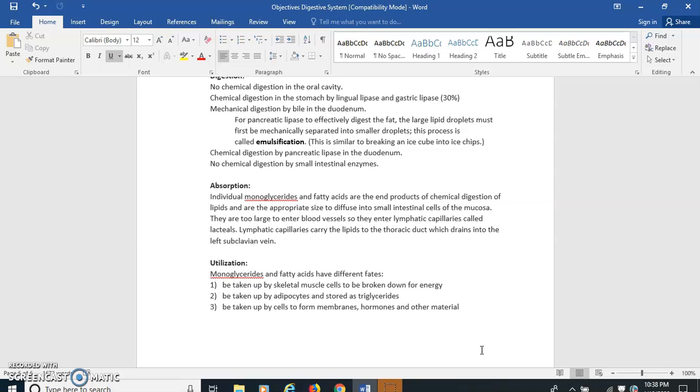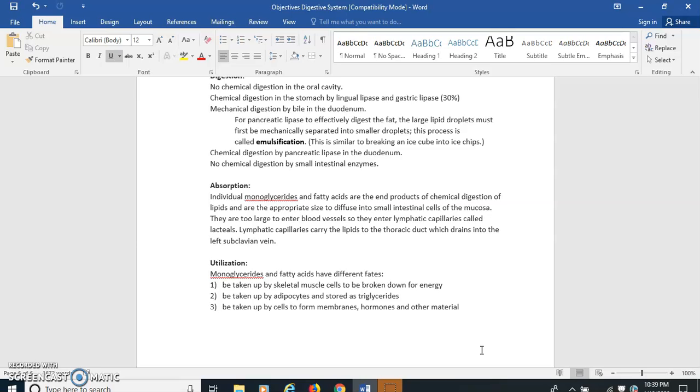Another fate is adipocytes, those fat cells. They may take up the free fatty acids and monoglycerides and store them as triglycerides.